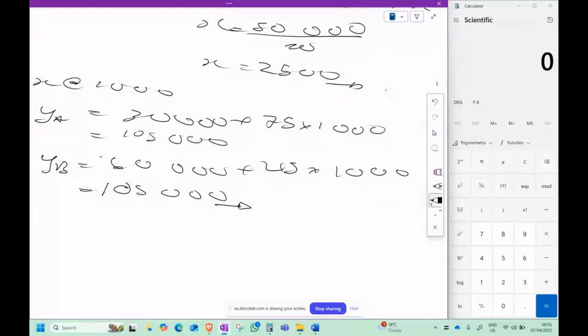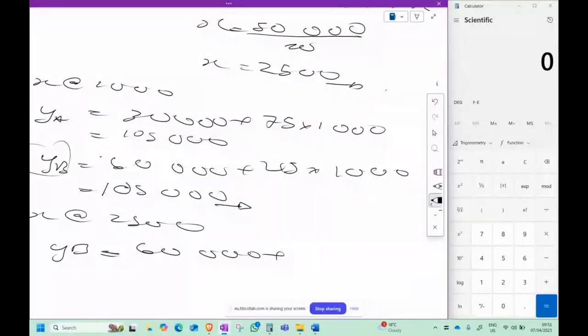You see then, when they say for point B, it's between. You remember that comment? It's between a certain number and a certain number. It's clearly telling you that when we go x at 2.5, y for B equals 60 again plus 45 multiplied by 2.5 now.